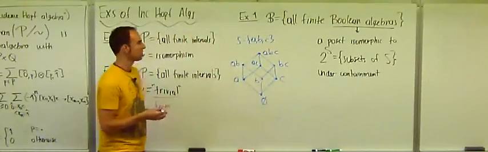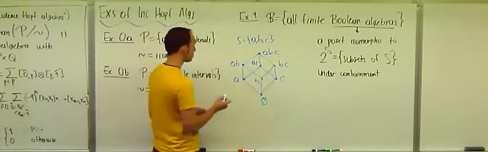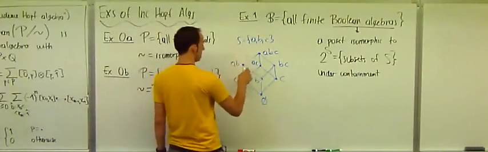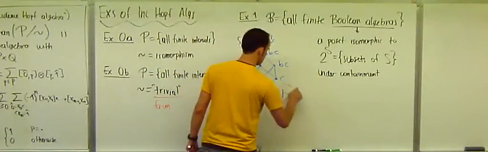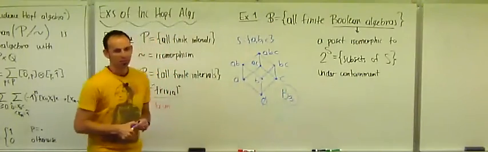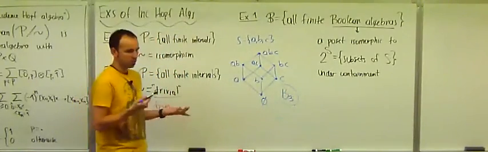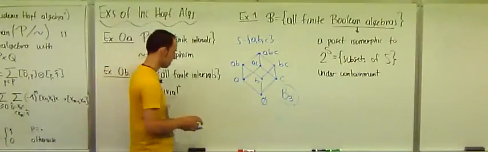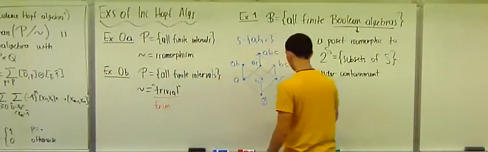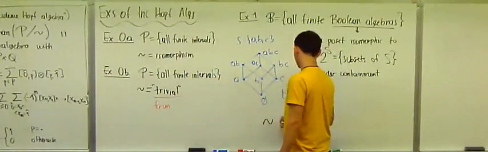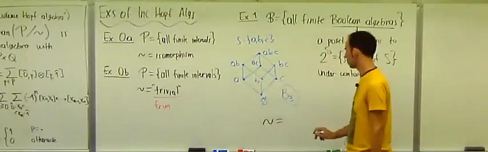Okay, and so this is the Boolean algebra B3. And in general, the Boolean algebra Bn is the poset of subsets of an n-element set. Okay. Let me declare my equivalence relation to be isomorphism.